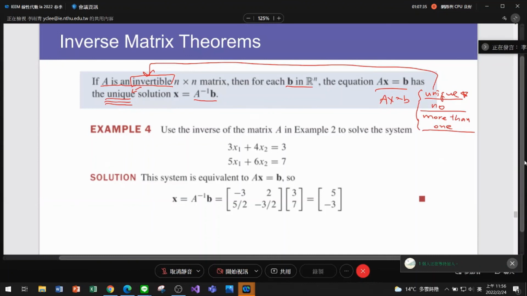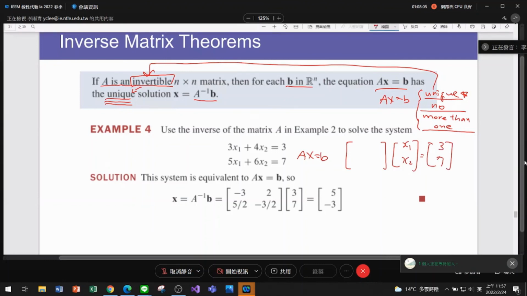So here's the example. Use the inverse of the matrix A to solve the system. We first need to convert the system above into an Ax equals B system. So naturally it becomes 3 times x1, 4 times x2, and 5 times x1, 6 times x2.